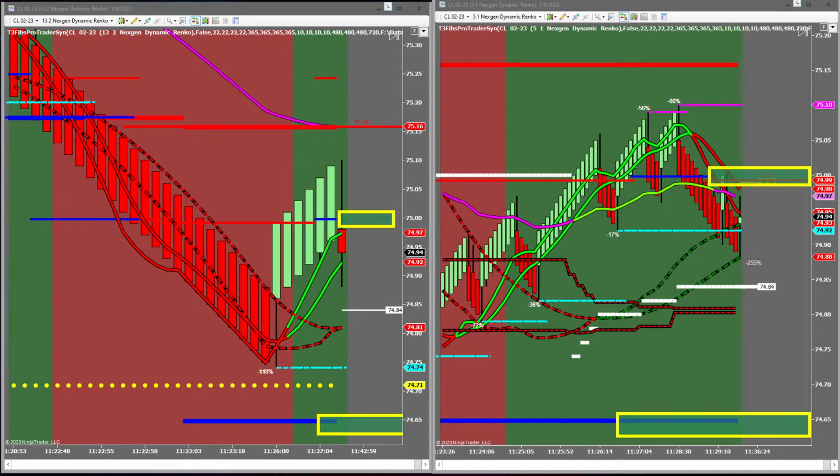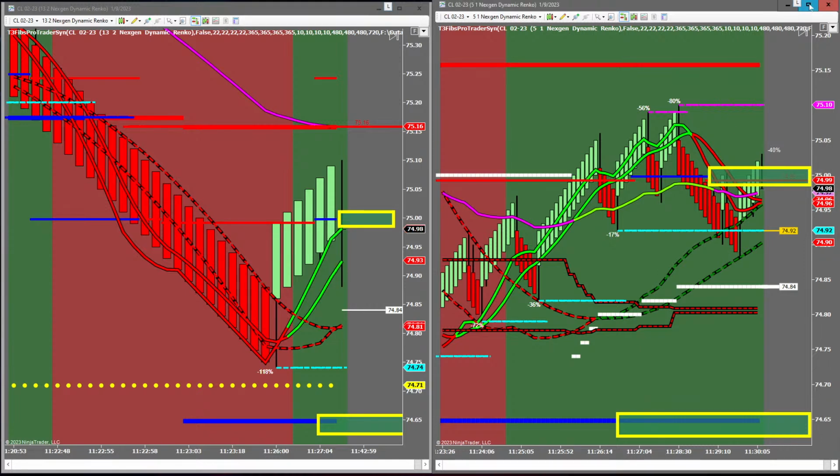I surely wouldn't be risking very much. It's just one of those areas that it doesn't look right when you look at your triggers, does it?